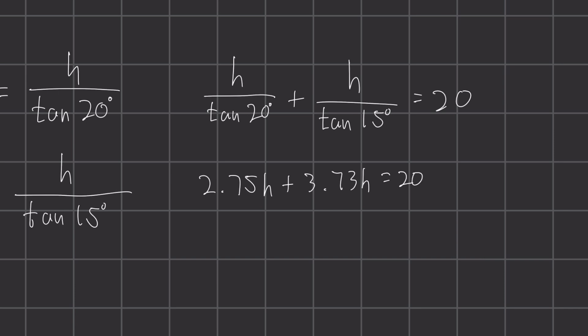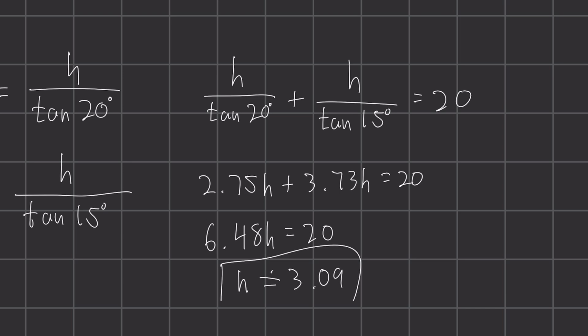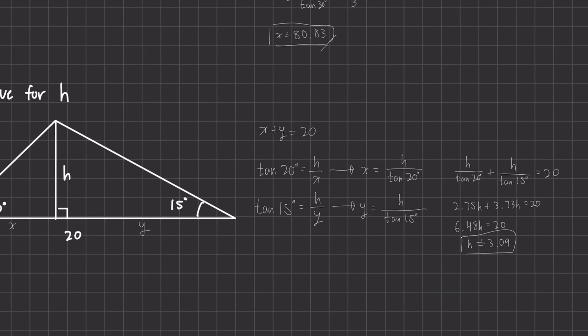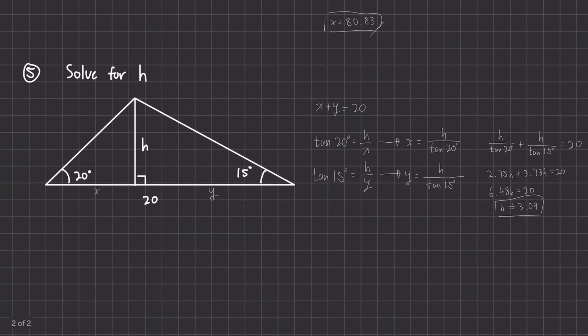Now here we can simply just add the coefficients, which then we get approximately 6.48h is equal to 20. And simply dividing both sides by that number, we get that h is approximately 3.09. And that would be your full solution.